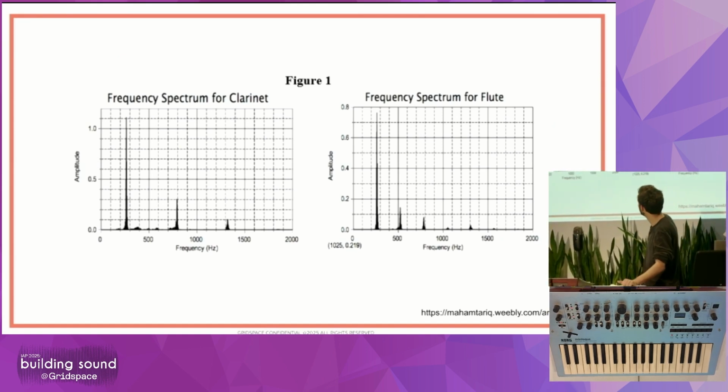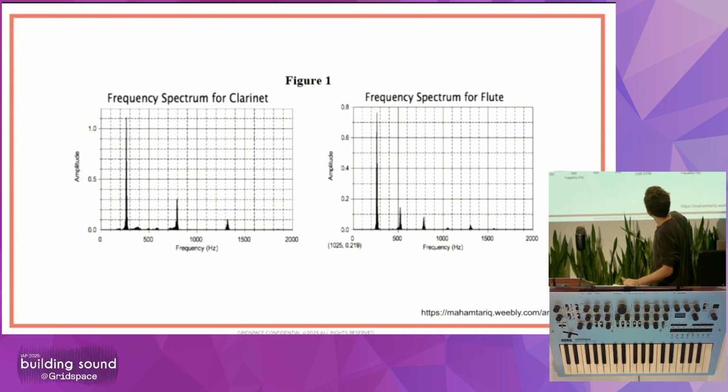So for example, if we're looking at a flute, the first harmonic's really strong. There's a really steep cutoff after that. And it looks like maybe the odd ones are a little bit more prominent. So you can see this fourth and sixth harmonic are very low.